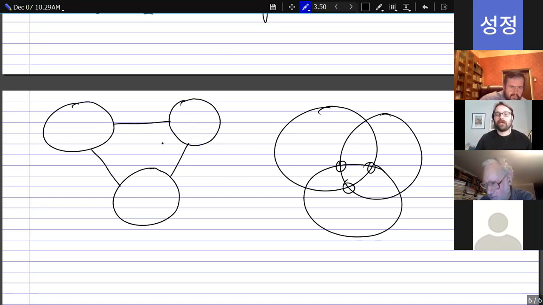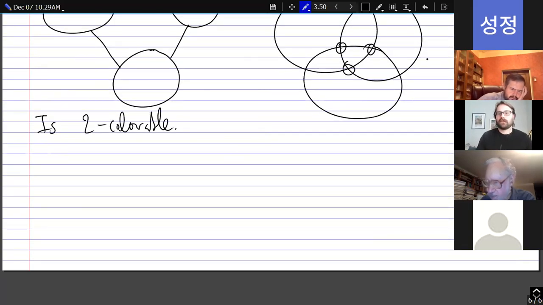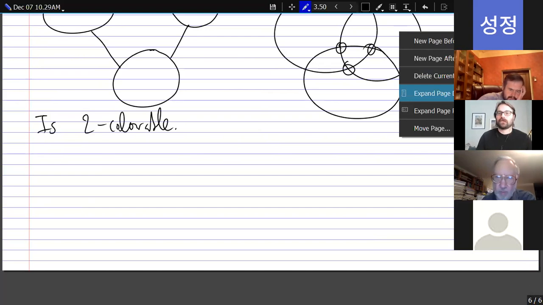So this is a virtual phenomenon, but nevertheless, this link is still two colorable, which is a useful thing. So this is two colorable. So now I can define the two color parity as follows.